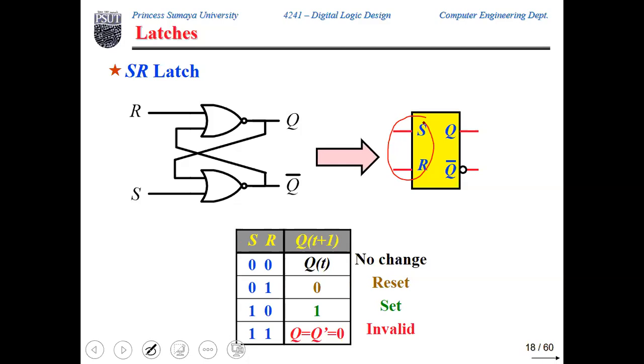If you go back to the definition of the storage element, we said that the inputs are used to do 2 things usually: to specify how to change the stored value and to specify when to change the stored value. So if I ask you here, when does this storage element change the stored value Q to be the new value?